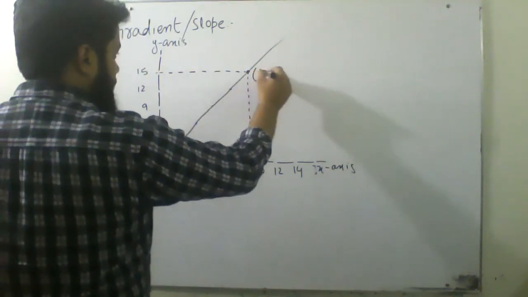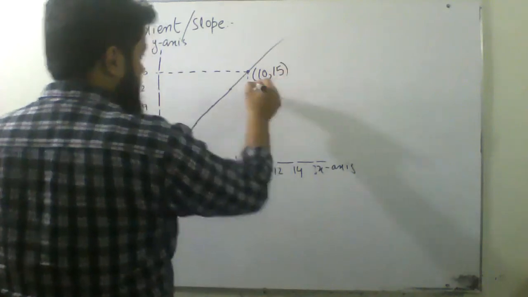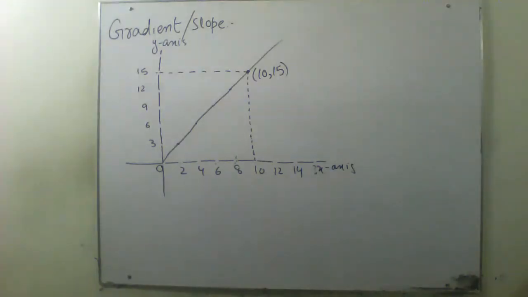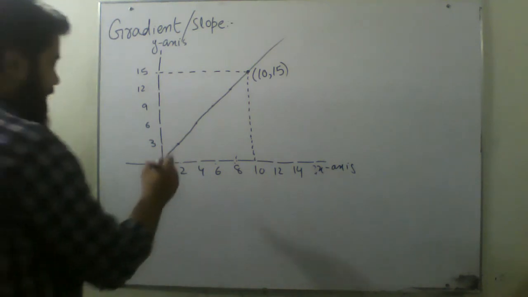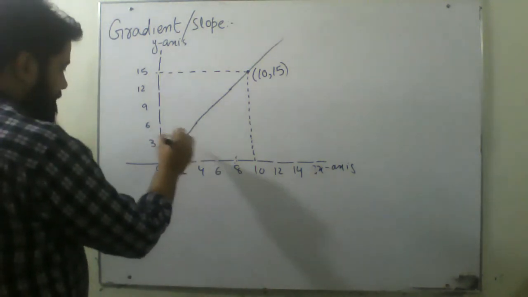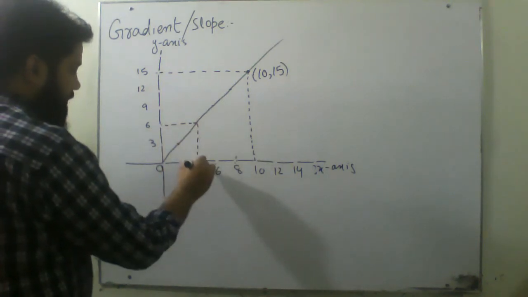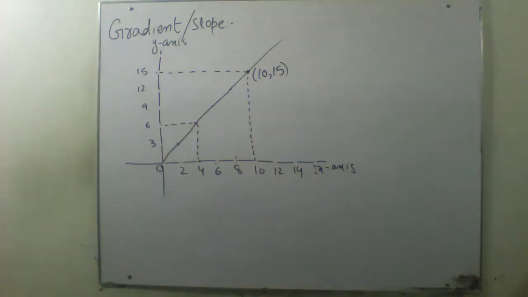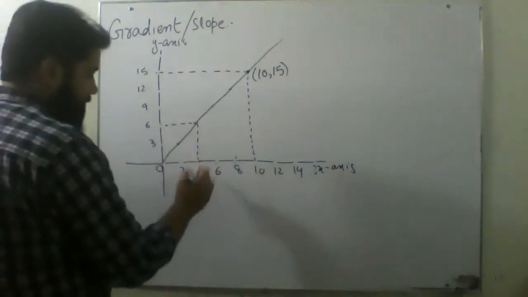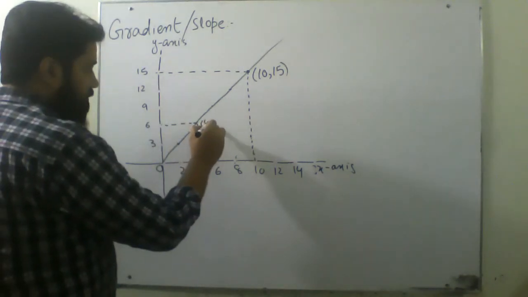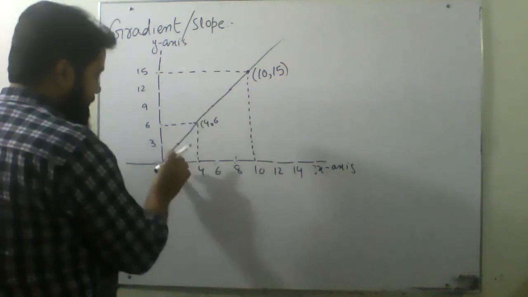Coordinates are 10, 15: first the x value, then the y value. The second point I'm taking is 4 comma 6.